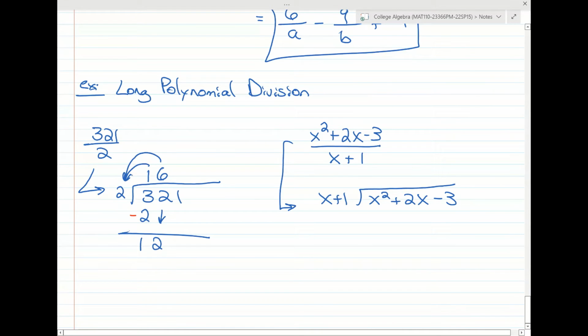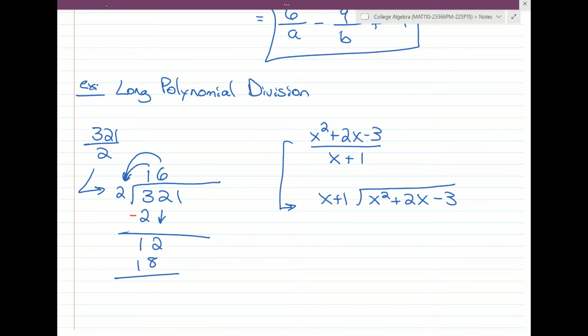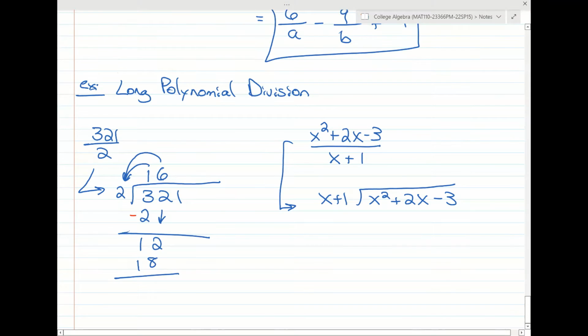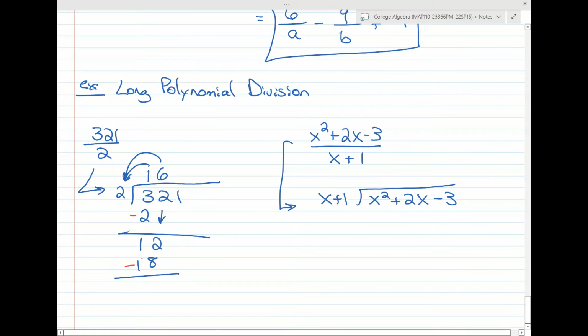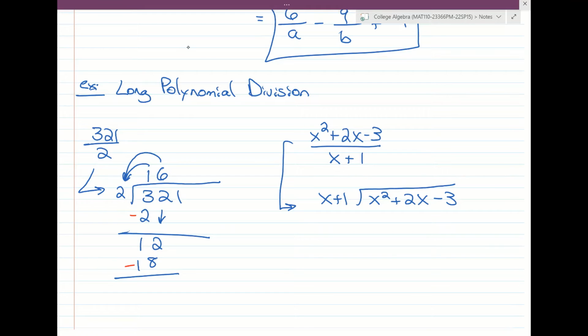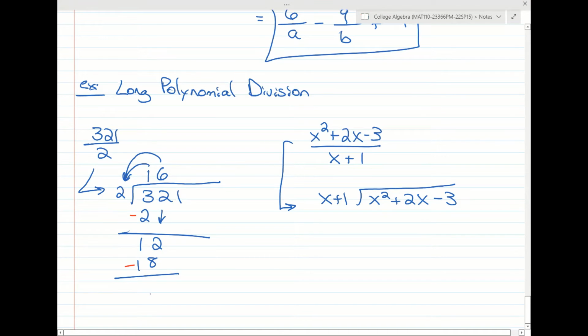Then you multiply and then subtract. 12 minus 18 is negative 6. Actually, what am I doing here? I got distracted. I'm sorry, guys.